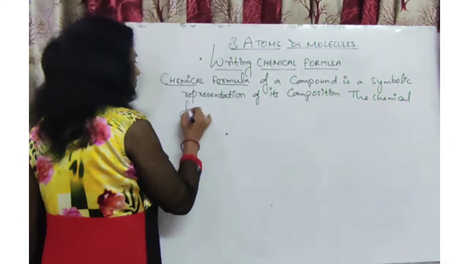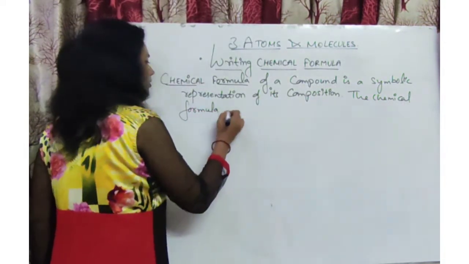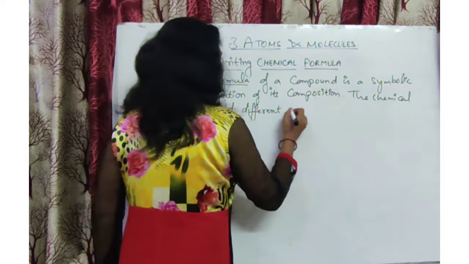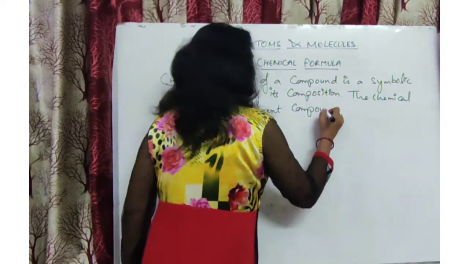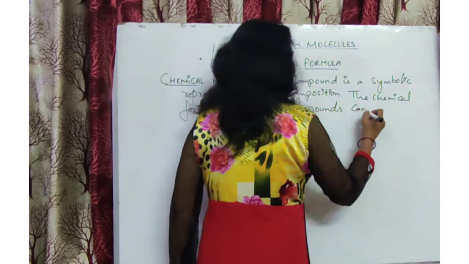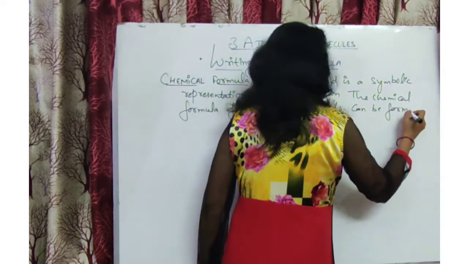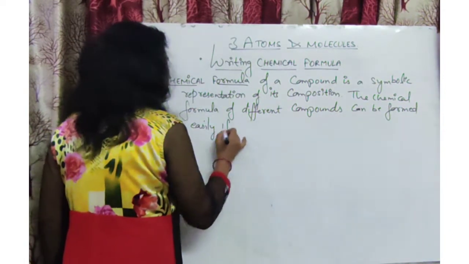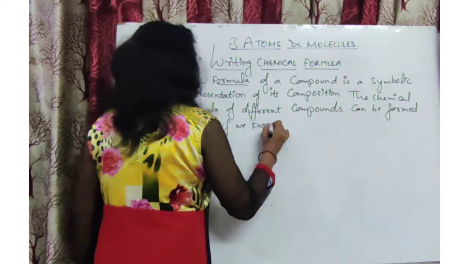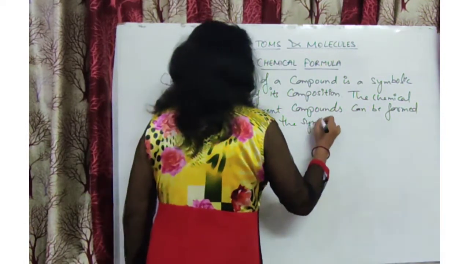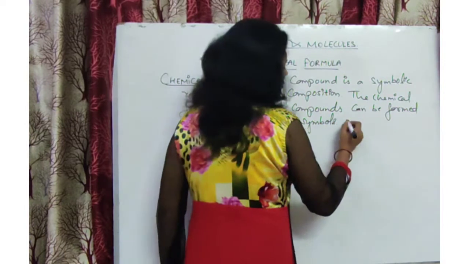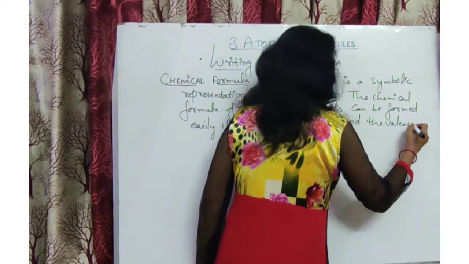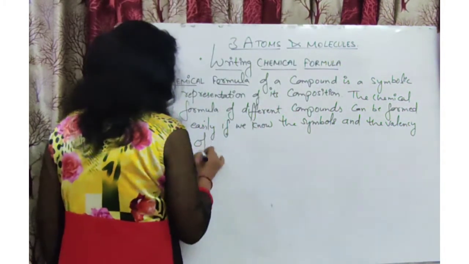And the chemical formula of different compounds can be formed easily if we know the symbols and the valency of the element.